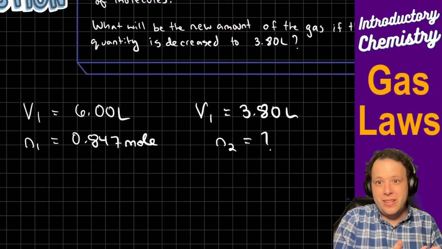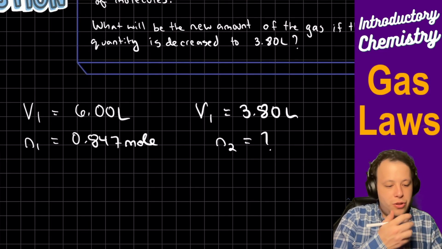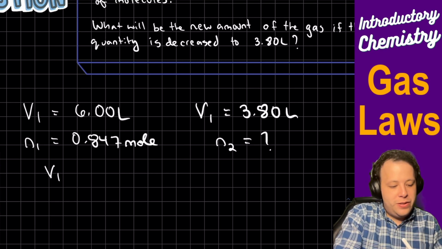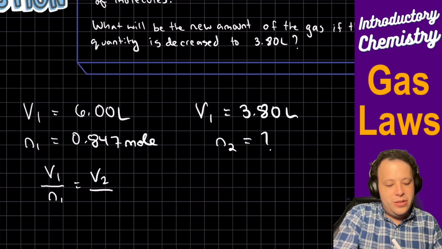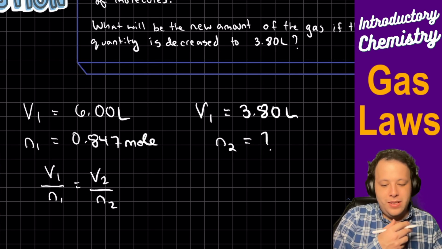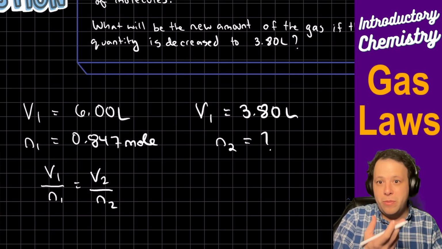So what exactly are we looking at when that happens? Well, we're going to be plugging it into our equation. Our equation is V1 N1 is equal to V2 N2. So we need to get N2 by itself. Once again, we can do the same trick from before and move some things around.